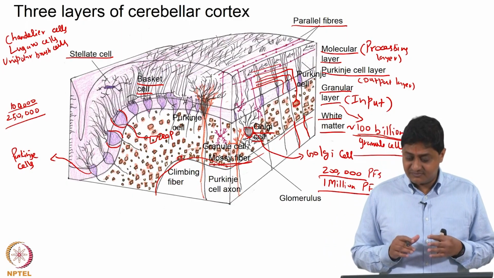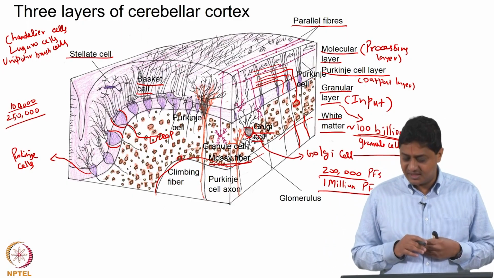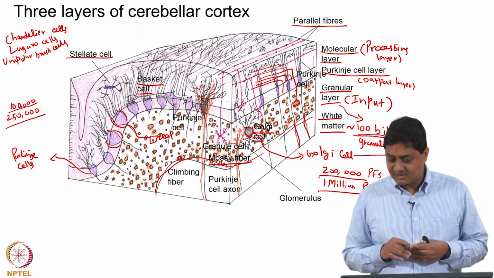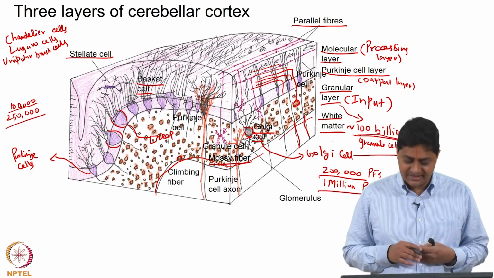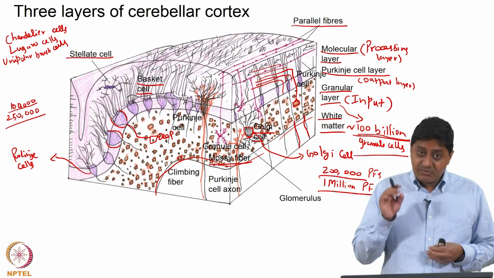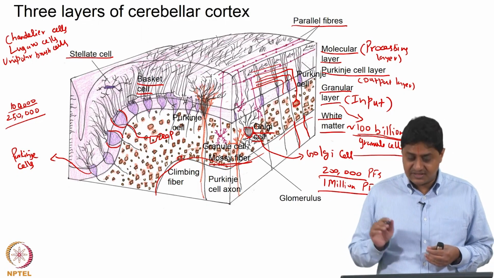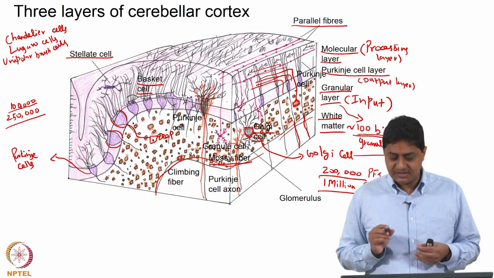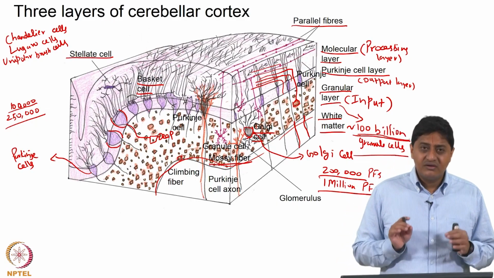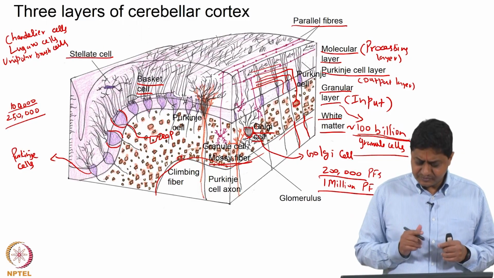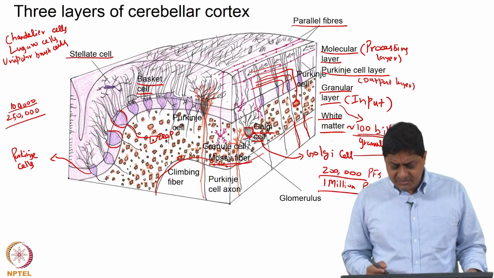So, more than 50% of the neurons are in the granule cell layer, composed basically of the granule cells, is it not. So, each mossy fiber innervates thousands of granule cells, but one given granule cell receives input only from a few mossy fibers, right.